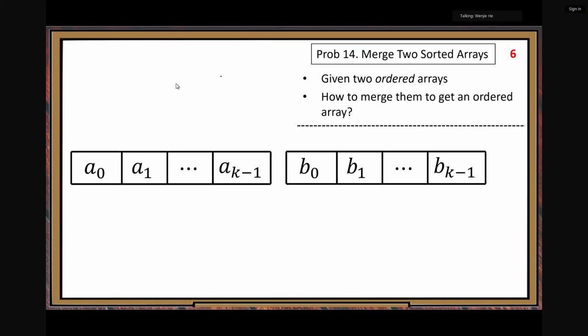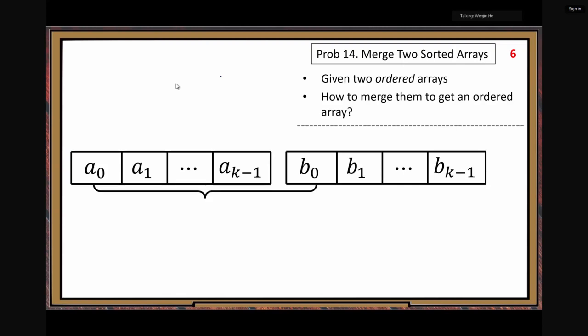Based on our intuition, some of the students already applied this merge operation in your part C. I saw several. At least 2 or 3 students already applied this merge idea. Very simple.